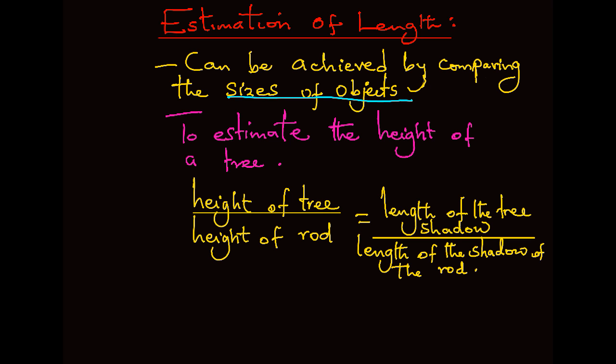To determine the height of the tree, we use the comparison of the ratios: height of the tree divided by the height of the rod is equivalent to the length of the tree's shadow divided by the length of the shadow of the rod.